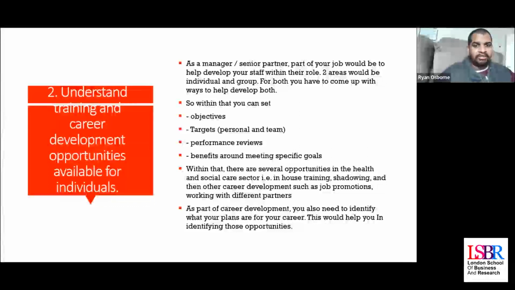After care worker, you will have care coordinator, let's say. And then after care coordinator, you'll have care manager. And in between there, you'll have care supervisor as well.